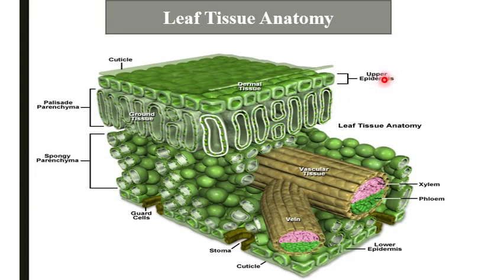Epidermis of leaf also functions in more specialized manner by secreting a waxy substance that forms a coating termed the cuticle. You can see here the waxy layer named cuticle on the surface of the leaf.